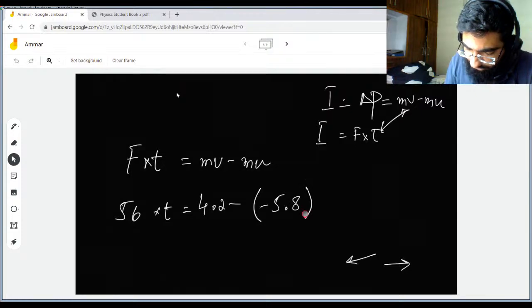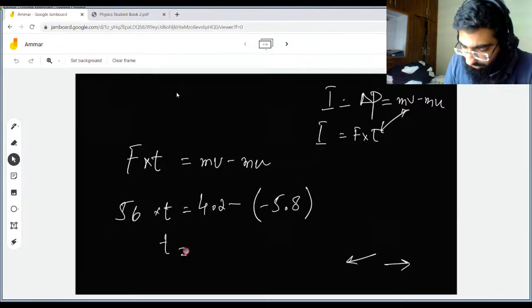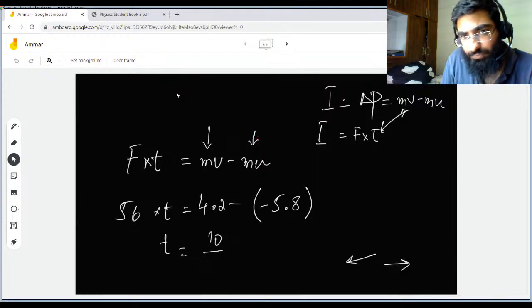So this becomes 4.2 plus 5.8, which is 10. Where is m? m is not given, instead we are given the complete value of momentum. Oh yeah, you're right.